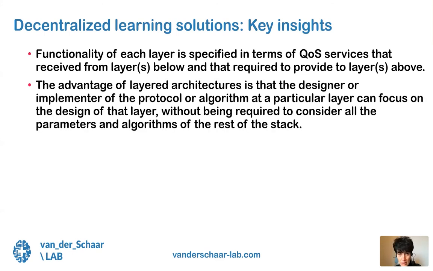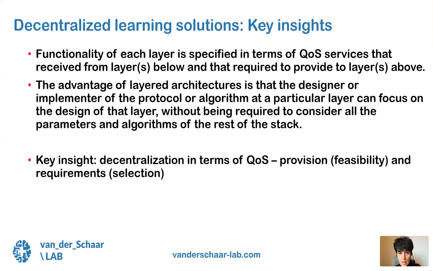If indeed we are able to do so, we are respecting the layer nature of the protocol stack, where the key ingredient of the different layers of the protocol stack is providing quality of service to the layers above. So the key insight we can get from this philosophy of the OSI layer is that the decentralization of the reinforcement learning solution needs to be in terms of quality of service.